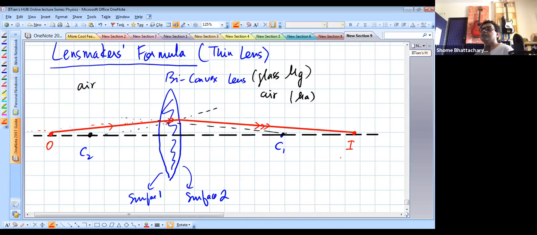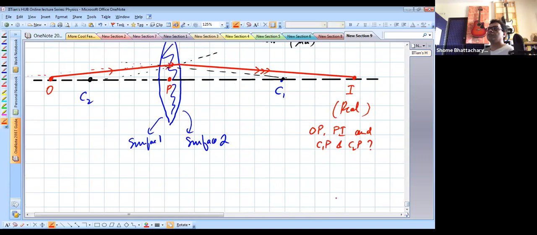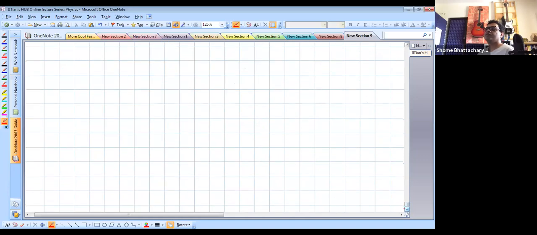And this final image, as you can see, is a real image because it is coming from actual intersection of rays. So how do I find the relation between OP, PI and these two, C1P and C2P? I'll take the pole as common because the width is negligible. How do I get that relationship? Let's understand. Okay. So for this, what we'll do is we'll solve the refractions back to back.